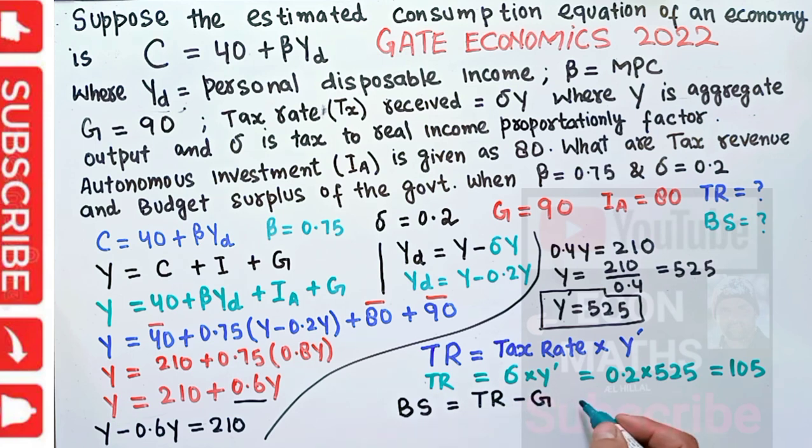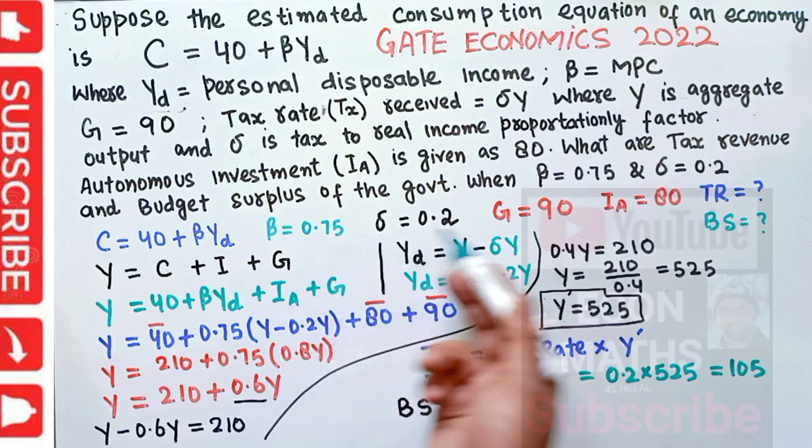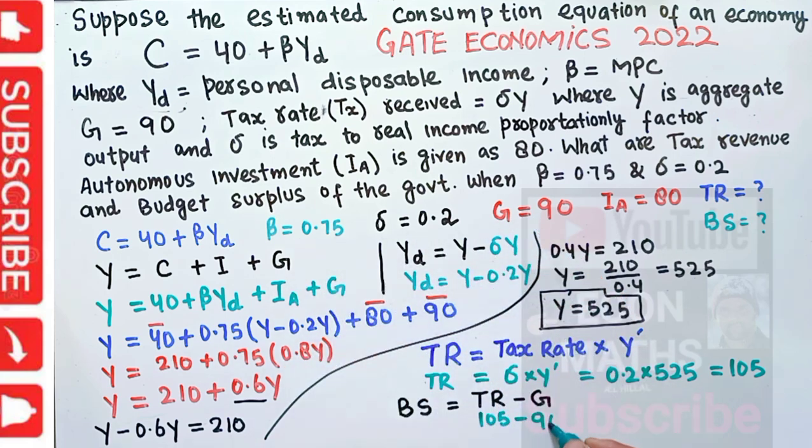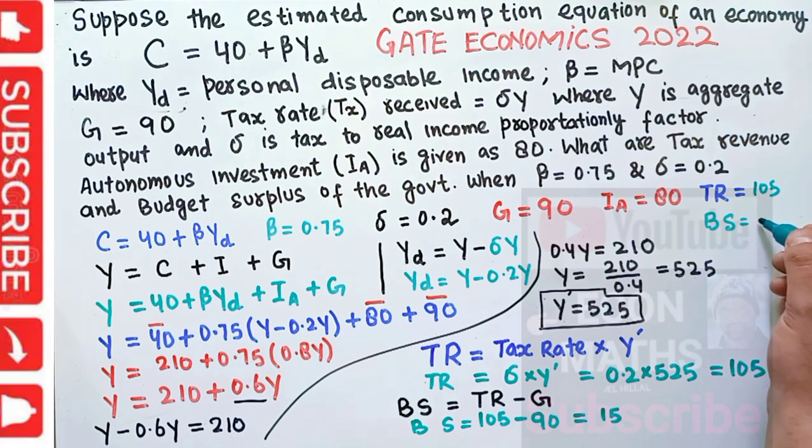So our budget surplus will be equal to the tax revenue we got, 105, minus government expenditure, which is given as 90. That means our budget surplus will be equal to 105 minus 90, which comes out to be 15. Okay, so for this question, tax revenue will be equal to 105 and budget surplus is equal to 15.